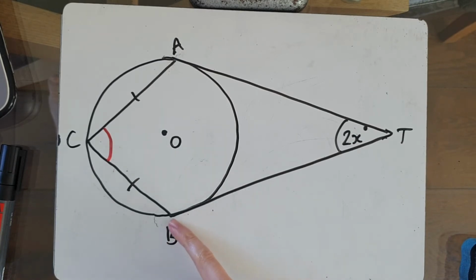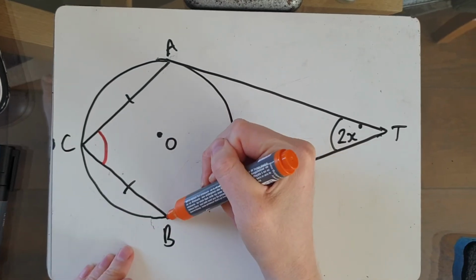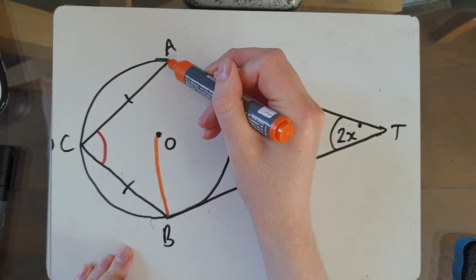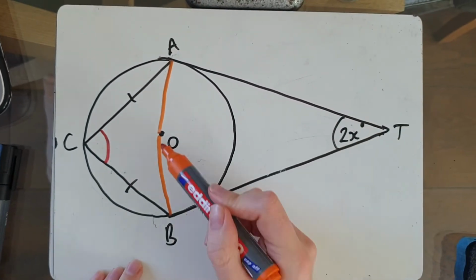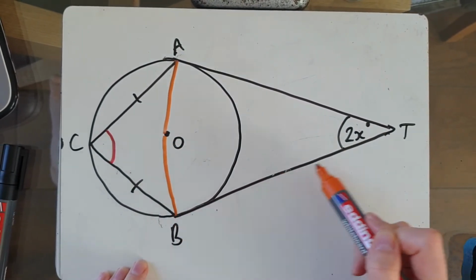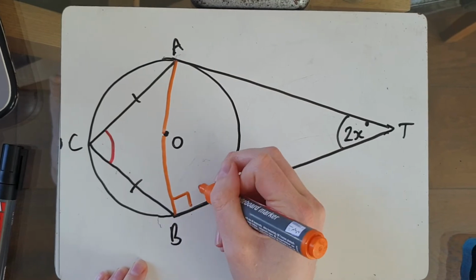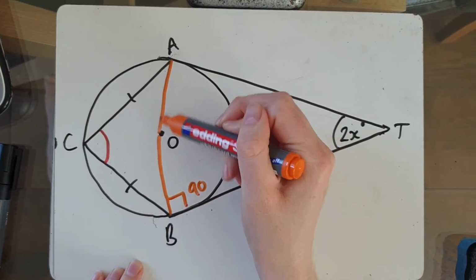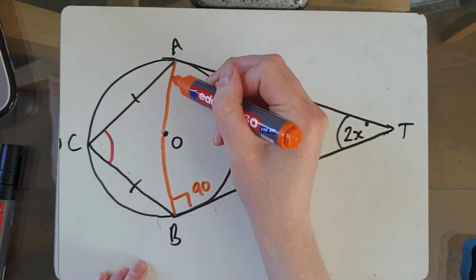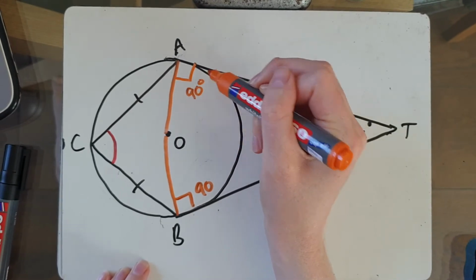I can't use that this is 90 degrees because it isn't. This is not the radius, this is a tangent. But it might be useful to add in some radii so that I can use that property. So this is now a radius, this is a tangent, so this is 90 degrees. This is a radius, this is a tangent, so this is 90 degrees.